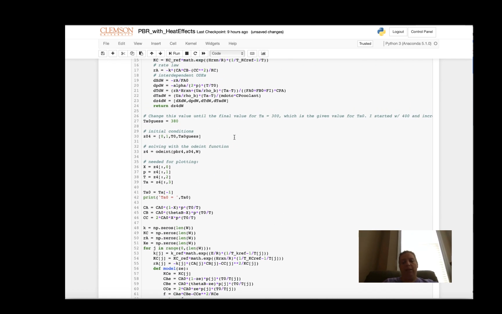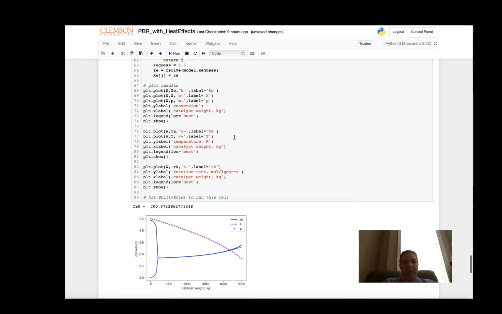We basically do guess and check until we get the value for the inlet temperature, which is at the outlet position, for the remaining ODEs. We do that until we get a value that was specified to us. So when that cooling fluid enters the product side of the reactor, we know it's at 300 degrees.